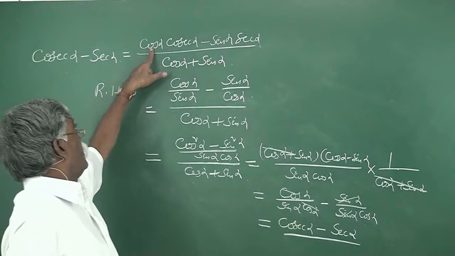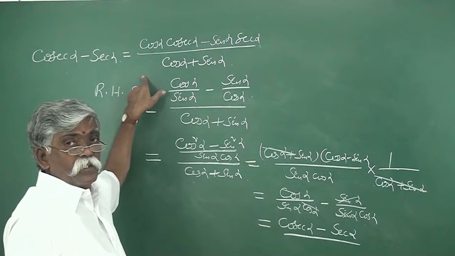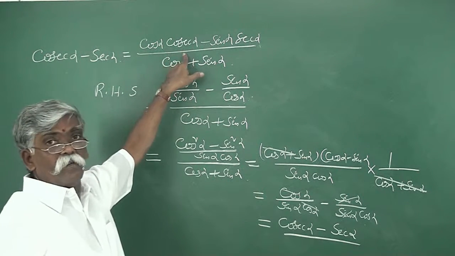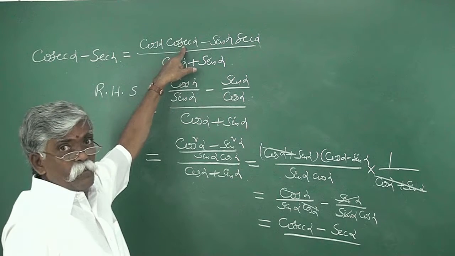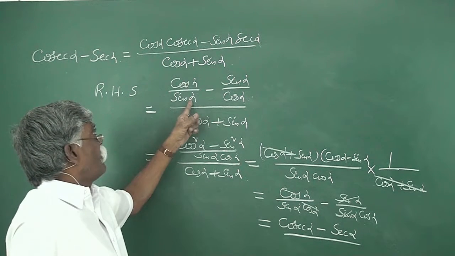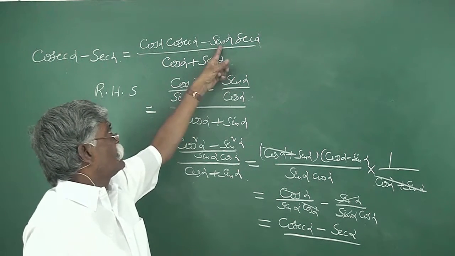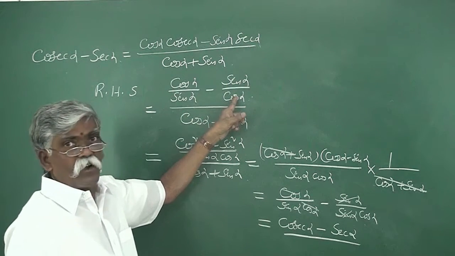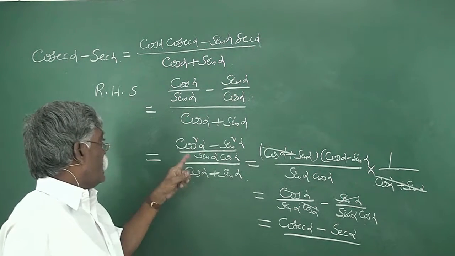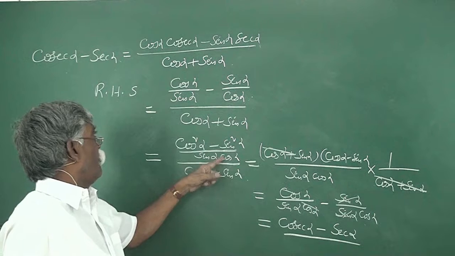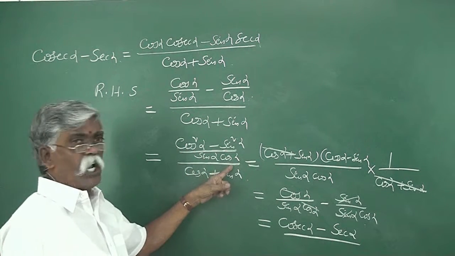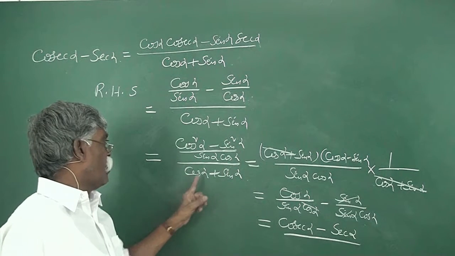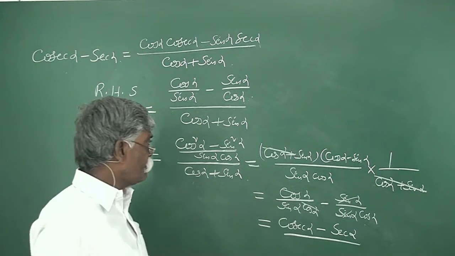So therefore, here we have taken the right hand side and converted everything into sin and cos. So this is cos alpha and this is 1 by sin. Therefore, cos alpha by sin alpha minus sin alpha, and this is 1 by cos alpha. Now after taking the LCM in the numerator, we will get cos square alpha minus sin square alpha by sin alpha cos alpha into cos alpha plus sin alpha.